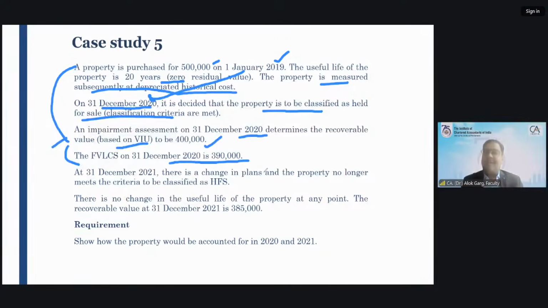Now your carrying value as per the respective standard, Ind AS 16, is 4 lakh. The fair value less cost to sell is 3,90,000. So what is your value of non-current asset held for sale? The lower. 4 lakh is lower or 3,90,000 is lower? 3,90,000 is lower. So your non-current asset held for sale on 31st December 2020 will be measured at 3,90,000.